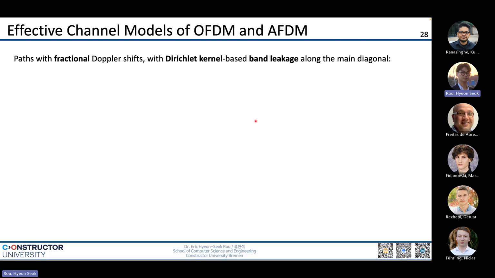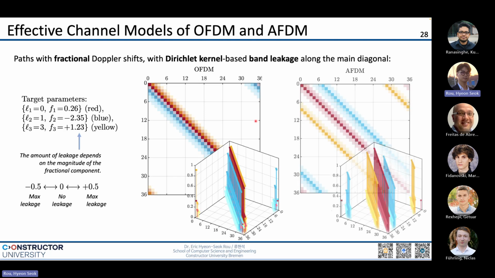And then when we have fractional Doppler shift, we mentioned that we get a Dirichlet-based leakage around the main diagonal. So the position of the main diagonal is the same as we saw before, depending on the delay and the Doppler, and for OFDM and the AFDM, we saw the same positions. But now we have a fading, or this leakage, around the diagonal. And this leakage is maximum when the fractional part is equal to either plus or minus 0.5.